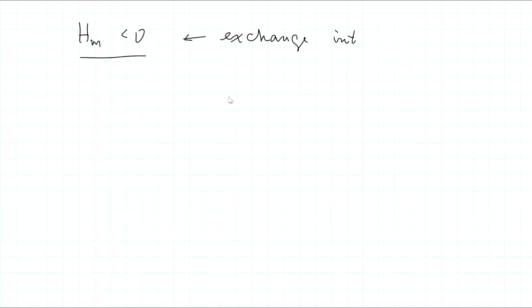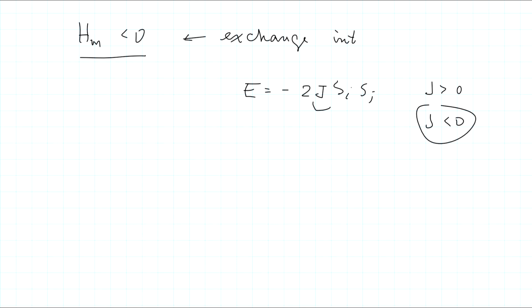And the exchange interaction energy is minus 2J S_i S_j, where J is our exchange constant. For a ferromagnet, J is greater than 0. For an antiferromagnet, J is less than 0. So that is the origin of the molecular field.